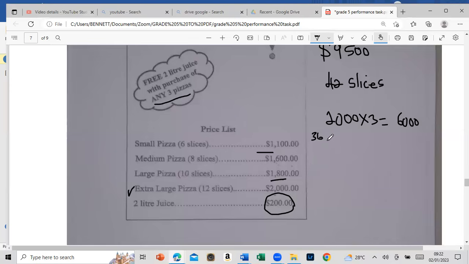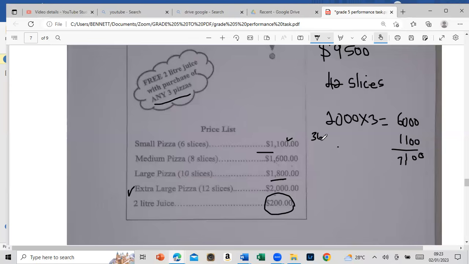I still need 6 more slices of pizza. So I'm going to buy this. So 6,000 plus the 1,100. So that'll be 7,100. All right. Let us see.